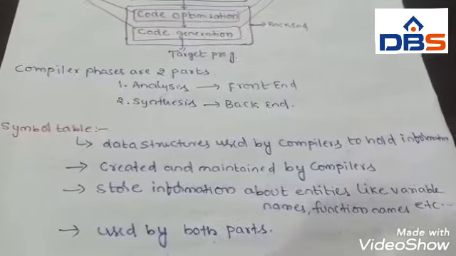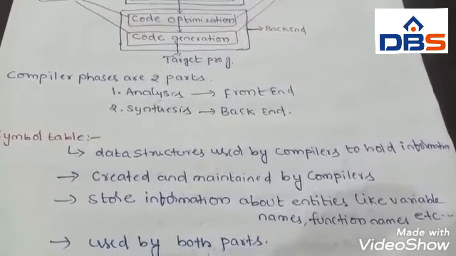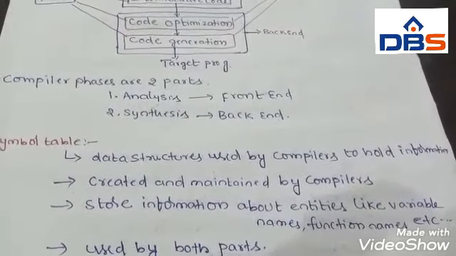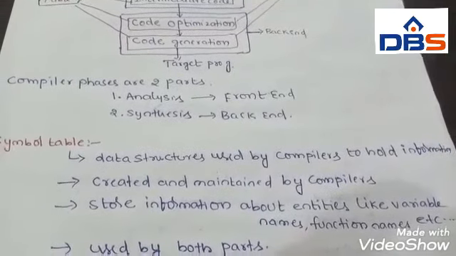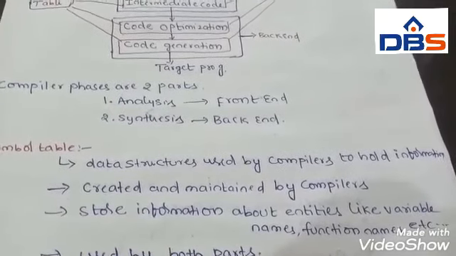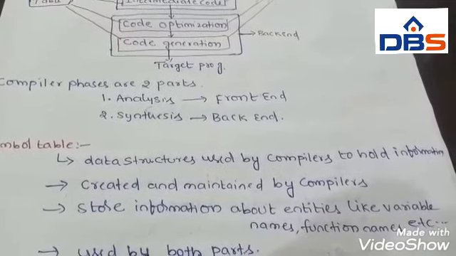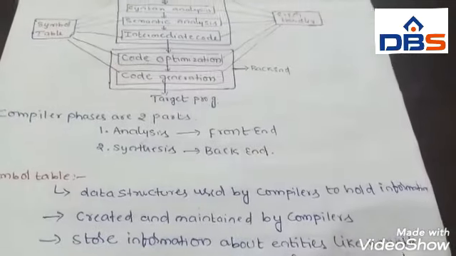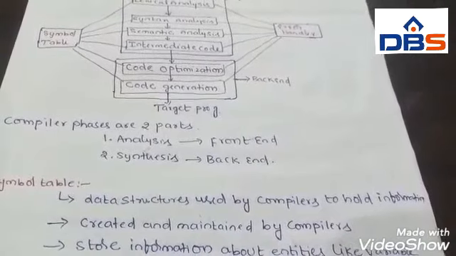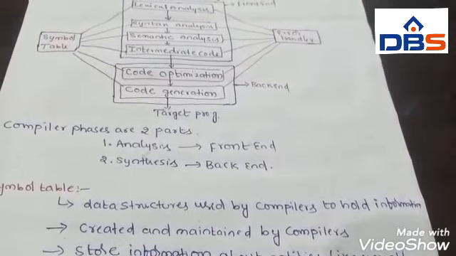When identifiers are found, they will be entered into the symbol table, which will hold all relevant information about the identifiers and other symbols, variables, constants, procedure statements, etc.